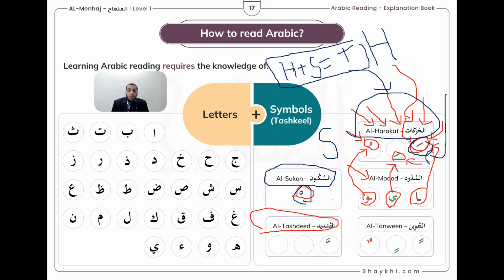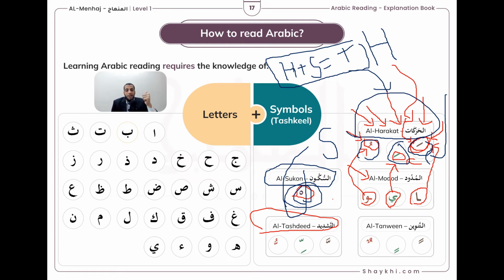And then we will take al-Kasra and as-sukun. So something new arises here, which is at-Tajdeed bil-Kasr. But if we take al-Dhamma and as-sukun, it will produce at-Tajdeed bil-Dhamm. So at-Tajdeed is the combination between al-harakat and al-sukun.